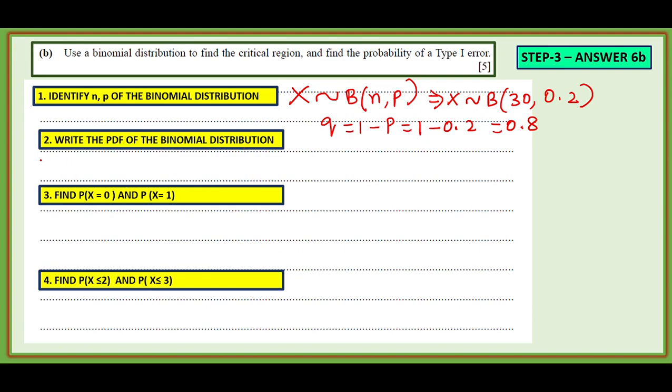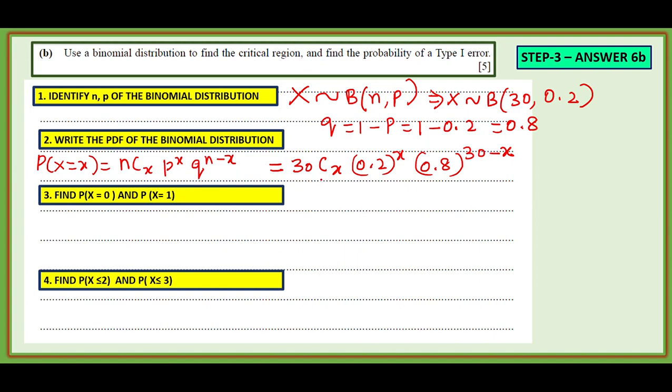So the probability of x equal to x is nCx p raised to x q raised to n minus x. So which is equal to, here n is 30 and p is 0.2 raised to x and q is 0.8 raised to 30 minus x. So first we need to fix this using the given information.